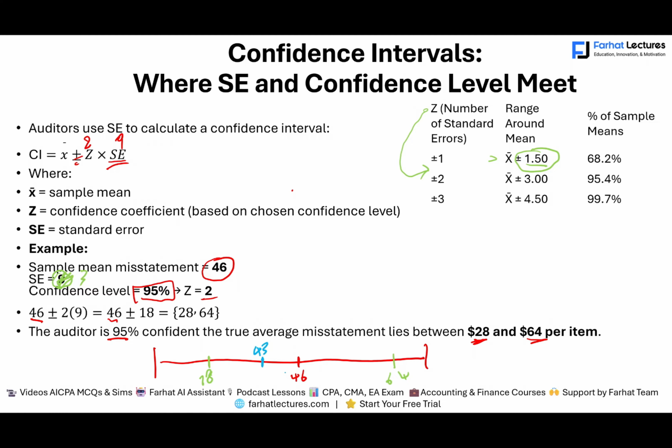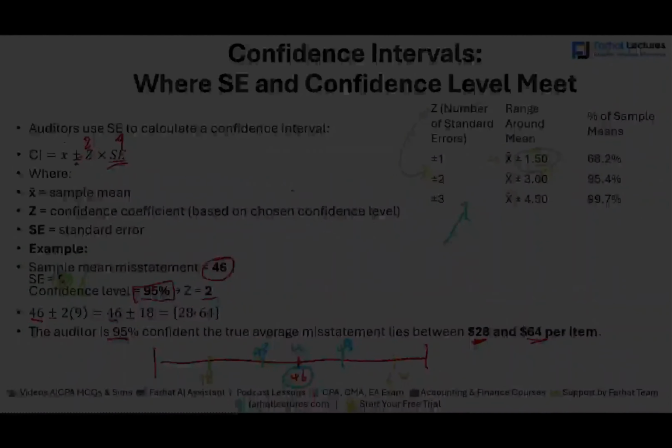So we're 95% confident that the true average misstatement falls within 43 to 49. So plus or minus 3 from the average 46. We'll work another example using these figures.